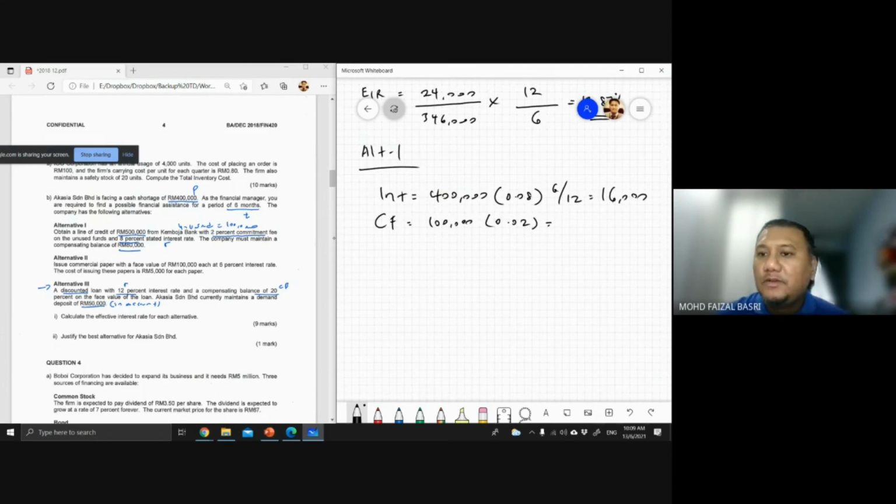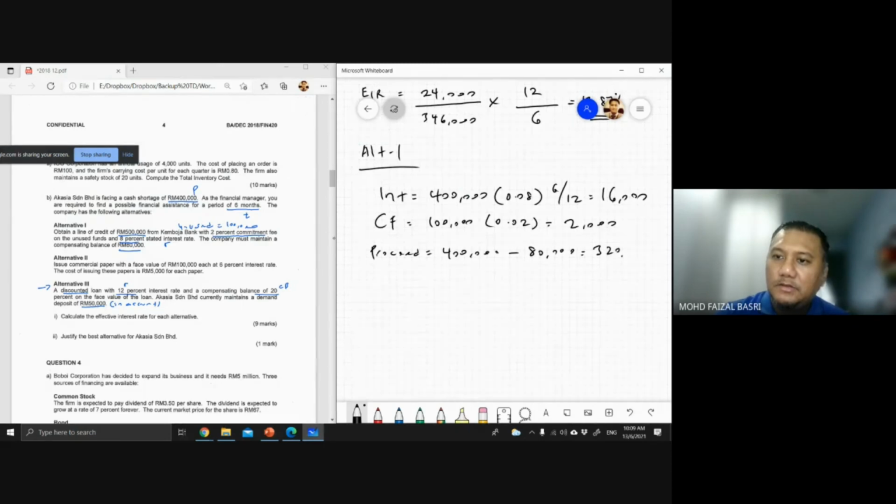So we have 2,000 ringgit. Okay, 2,000 ringgit. So therefore our proceeds would be 400,000 borrowed. And we have CB requirement of 80,000. So 320,000. Okay, and that's about it.